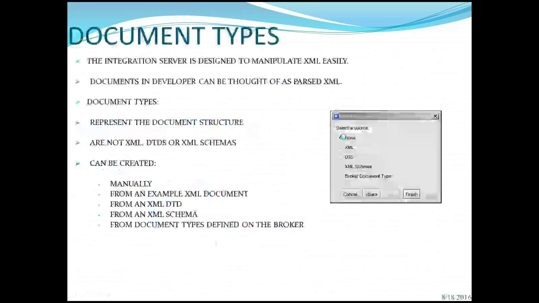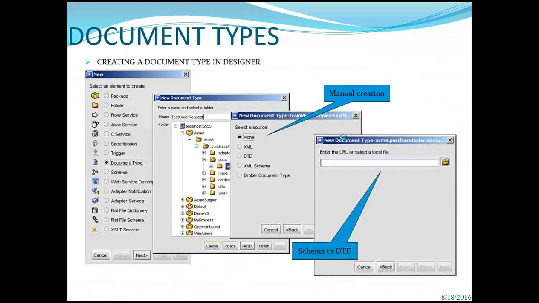Okay, so the doc types we have seen yesterday. Did you try creating the XML and JSON? How many of you tried? Hello? Yeah, I tried XML actually. Oh, you tried XML? It created the document?